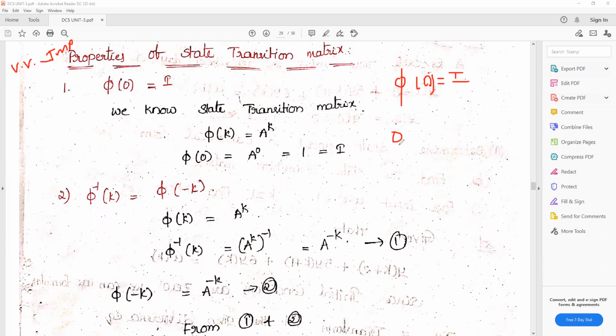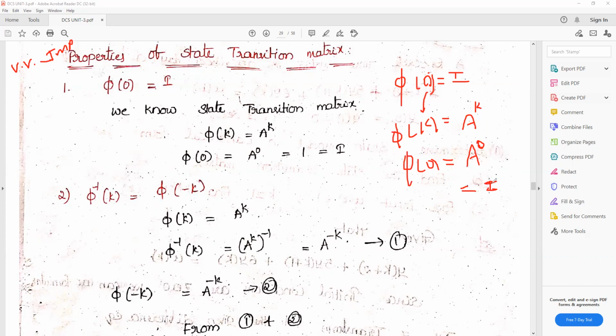So what is the formula of phi of k in the state transition matrix? Phi of k is equal to a power k. What value of k do we substitute? 0. So phi of 0 is equal to a power 0. What is the value of a power 0? It's 1.